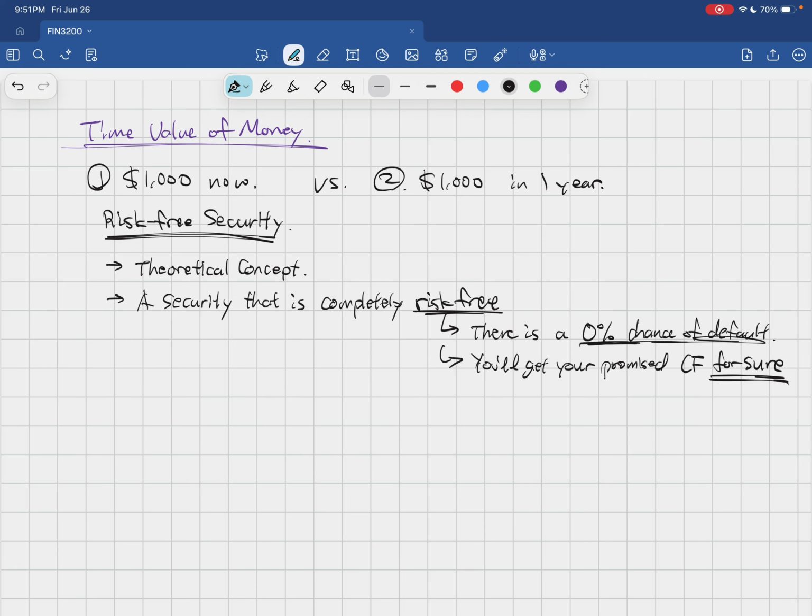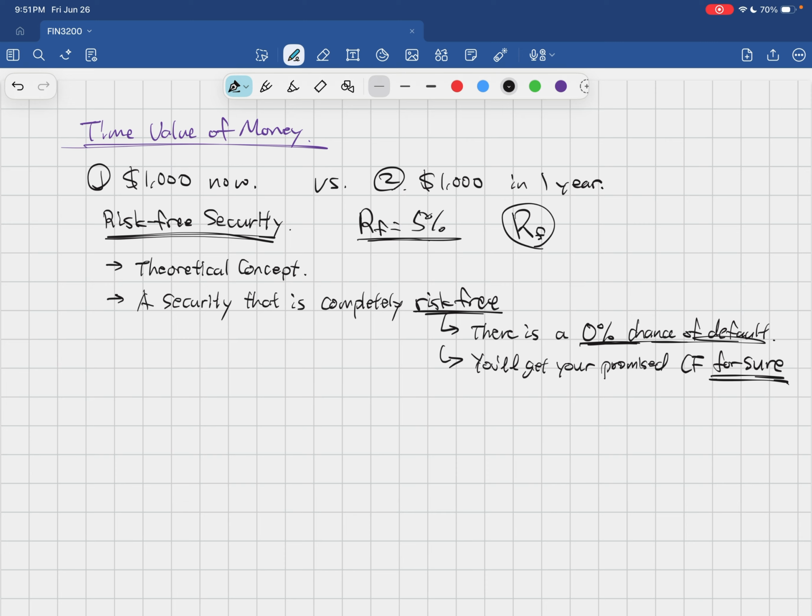Again, this is a theoretical concept. So let's say there exists a risk-free security that guarantees a risk-free rate of return of 5%. This notation just means the return that you get by putting in your money in something that is risk-free is 5%. Just R, just the rate of return.